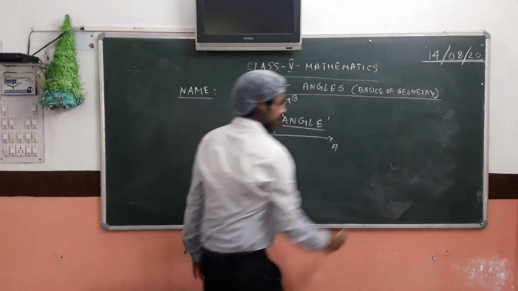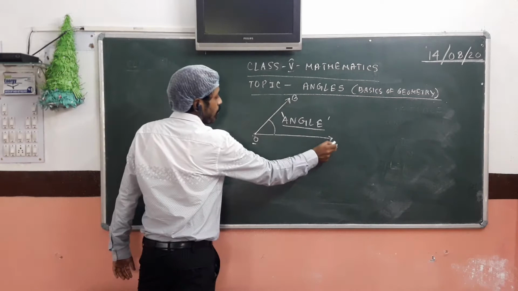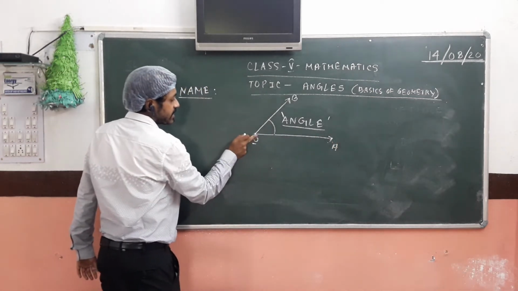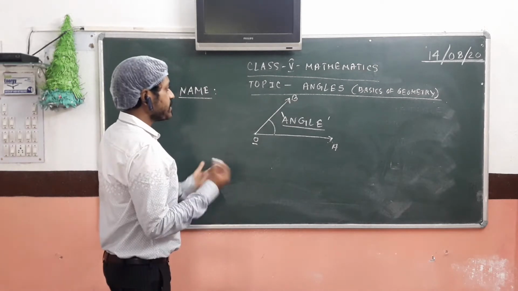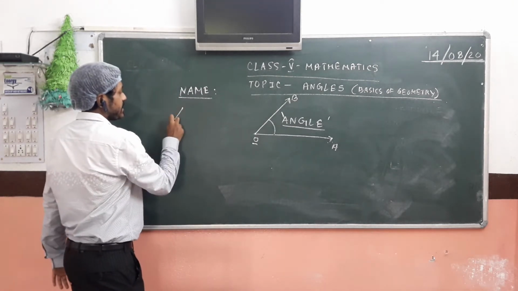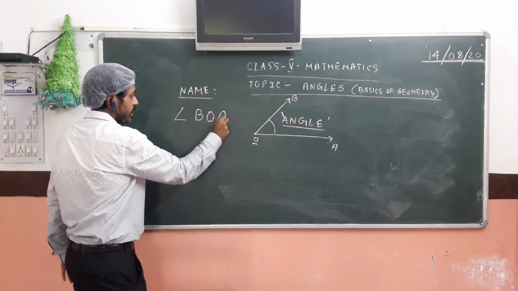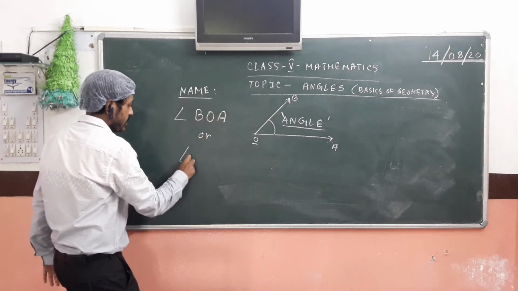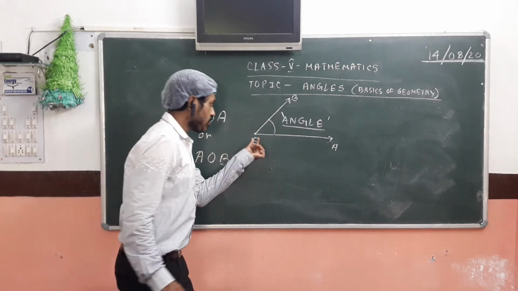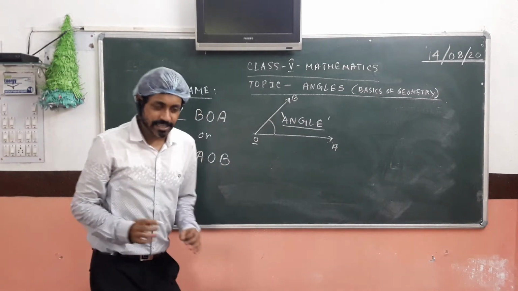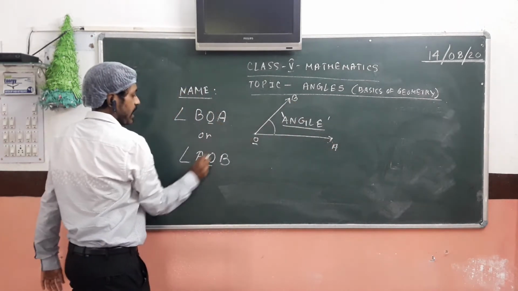Now, how do we name this angle? We take one point, we keep the vertex in between, and then we take the other point. This angle can be named as angle BOA or angle AOB. The vertex is kept in the middle and the arm names are written on either side.